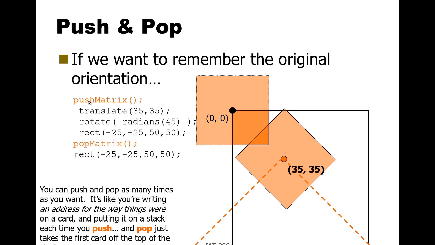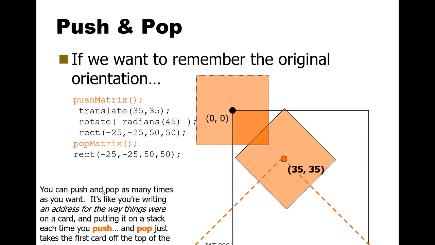If we instead preceded that by pushMatrix and followed it by popMatrix, this set of transformations would take place after the pushMatrix, and when we executed popMatrix, it would throw those transformations out. That puts us back in the situation where the origin is at 0, 0, x increases in value to the right, and y starts at 0 and increases in positive values downwards. So this is the state that we would like to be at.